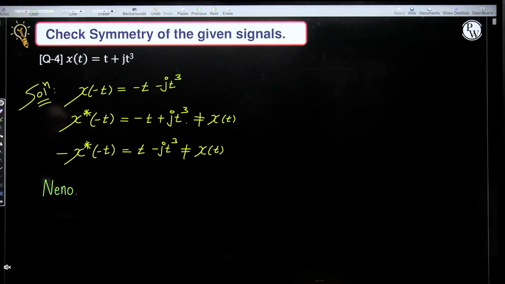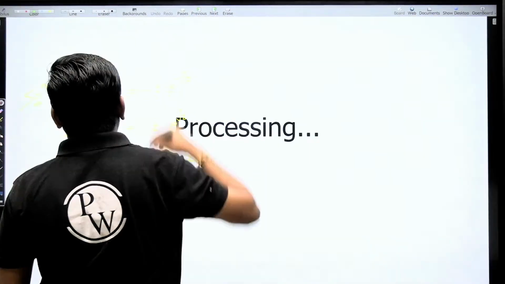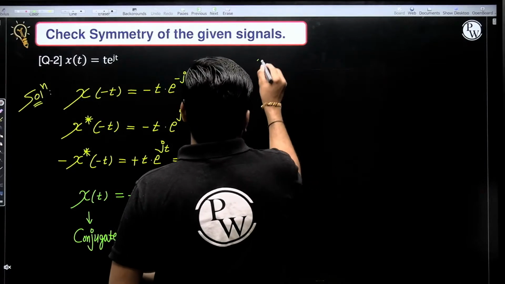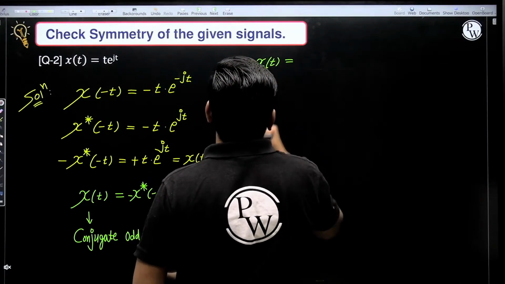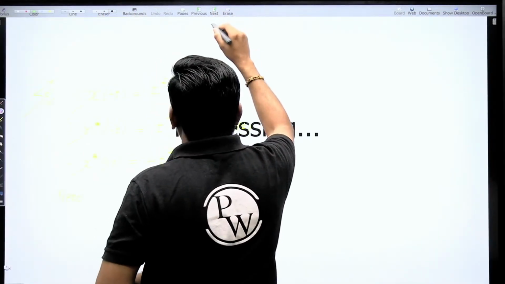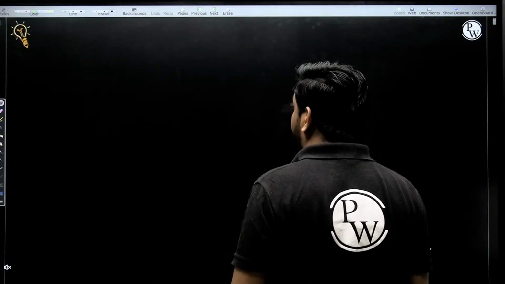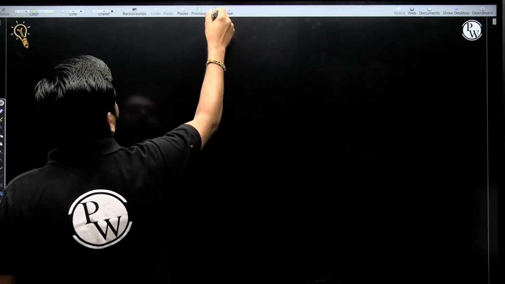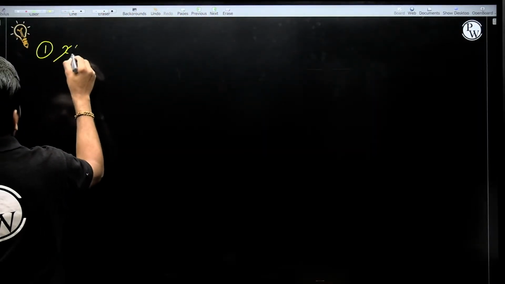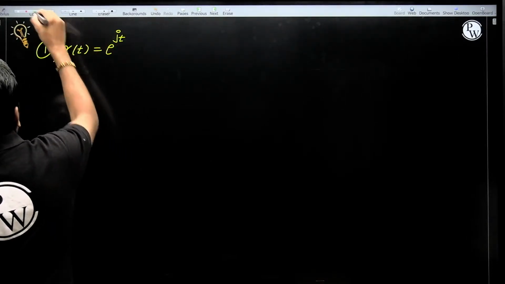Fine. Now, important observation for all 4 questions. First of all, this one, number 2. See, this is what? Conjugate odd signal. First signal x of t is e power jt, and this is what?